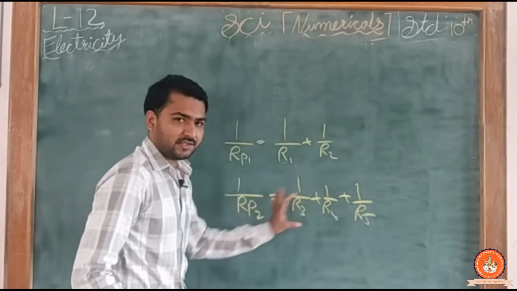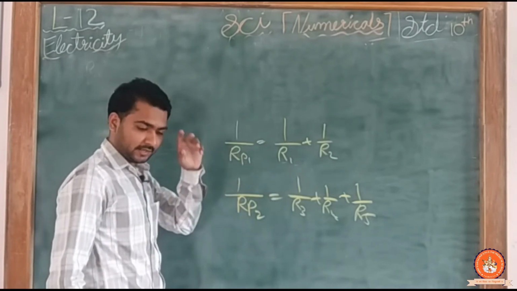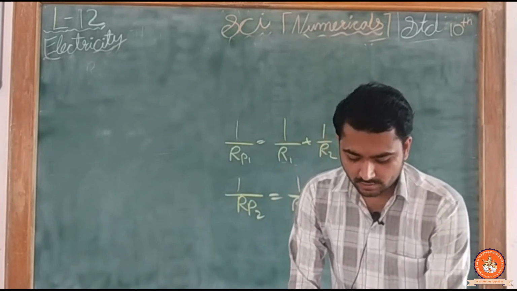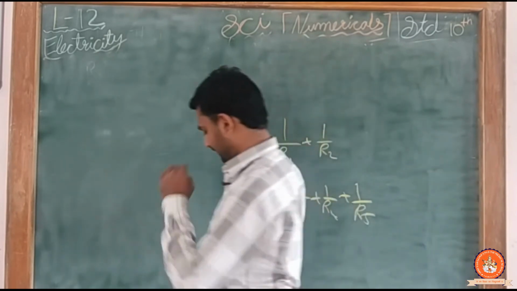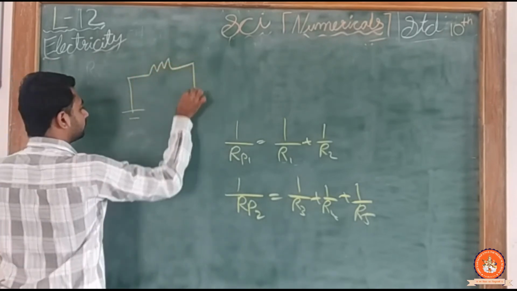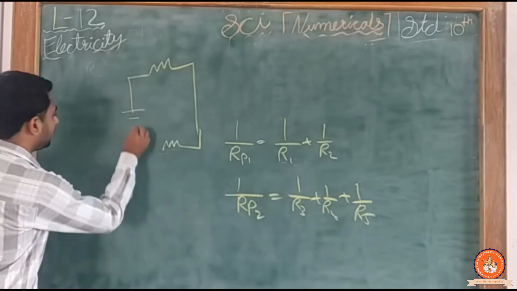After solving this, you will get the value of Rp2 and Rp1. Clear? Now, if I am solving these two circuits, then I get the circuit like this. मेरी सर्किट ऐसी हो जाएगी. ठीक है? My circuit will become like this.